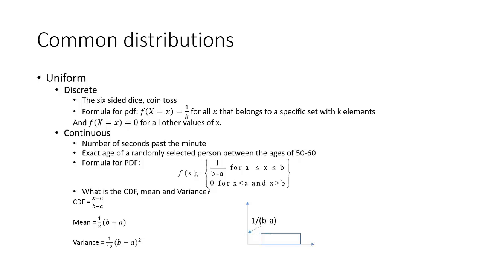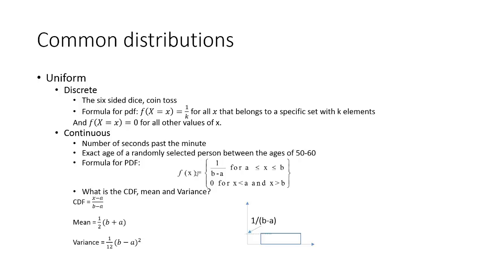The truth is, the uniform distribution, while it's theoretically very intuitive and could be quite convenient in some cases, there aren't a lot of real world examples of things that tend to be uniform. Some of them are something like the number of seconds past the minute.